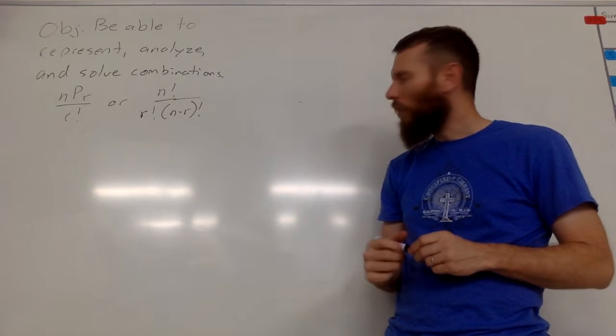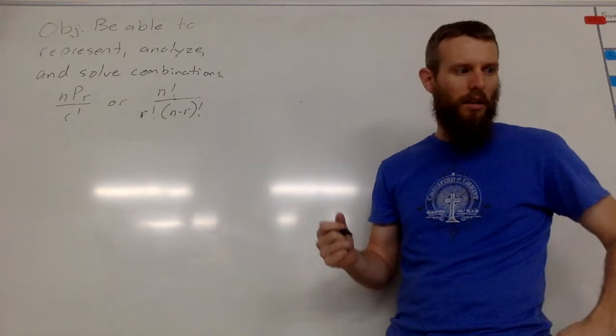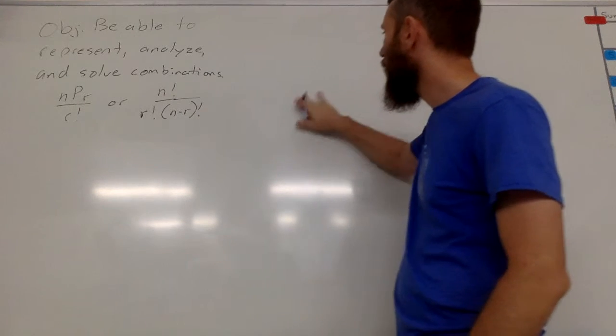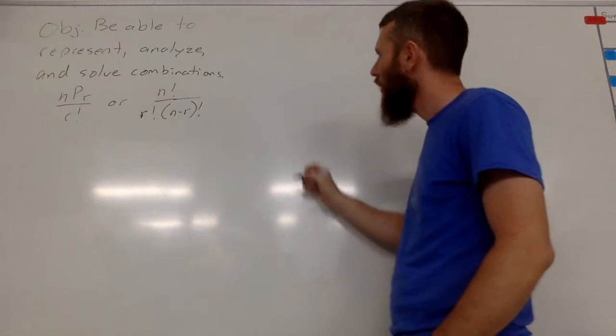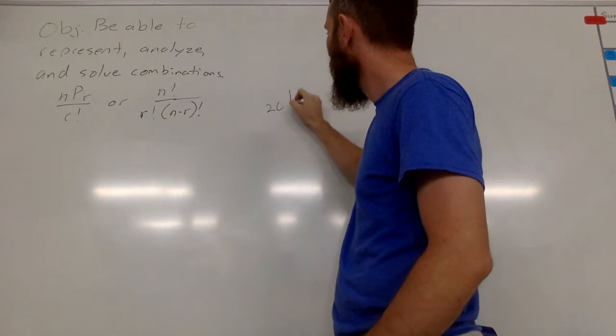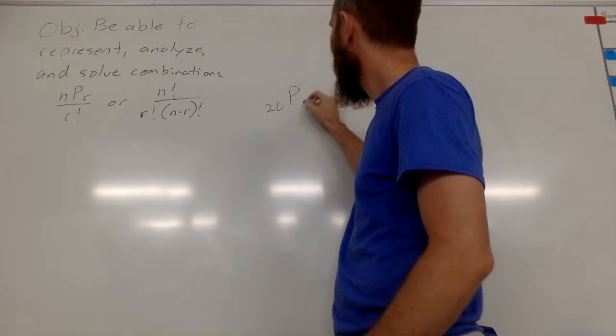Well, if this was a permutation, and they had 20 meals, then we would say 20 permutation 5.